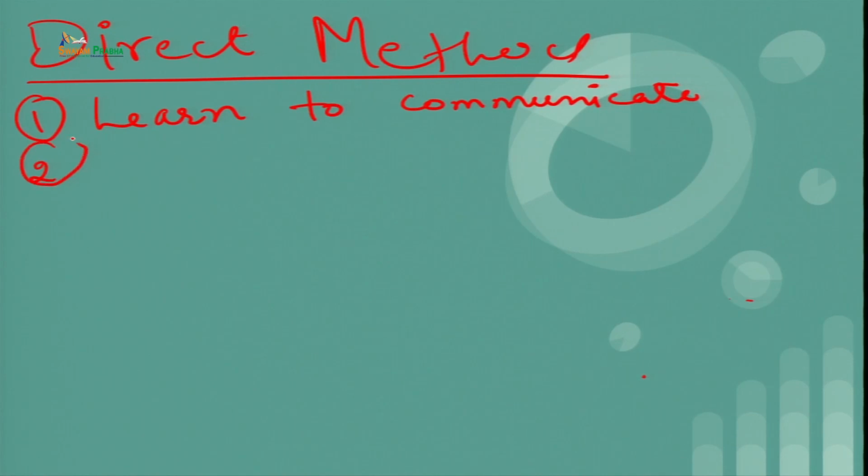The other question that comes up is, what is the role of the teacher in the direct method, and what is the role of the students? So the teacher directs the class activities. Who does this?